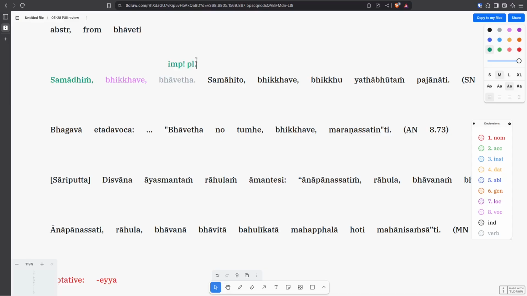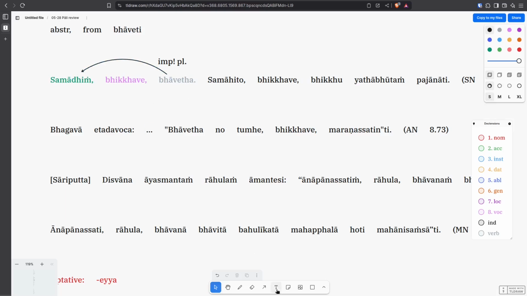So you in plural, bhavetha. And samadhing is of course accusative because it's the object of what you develop. So, to develop the samadhi. And bhikkhave is the vocative in plural.